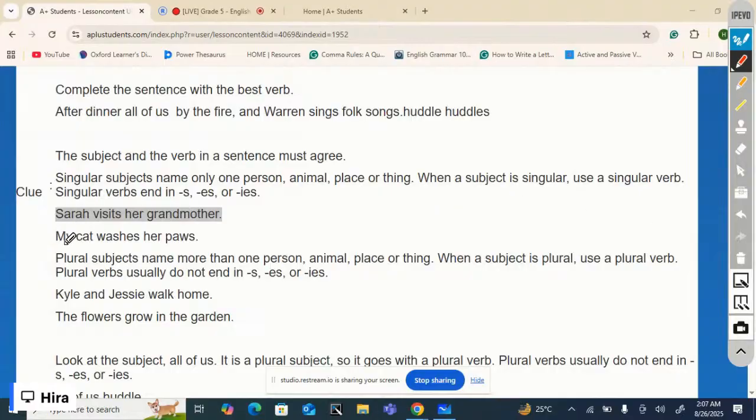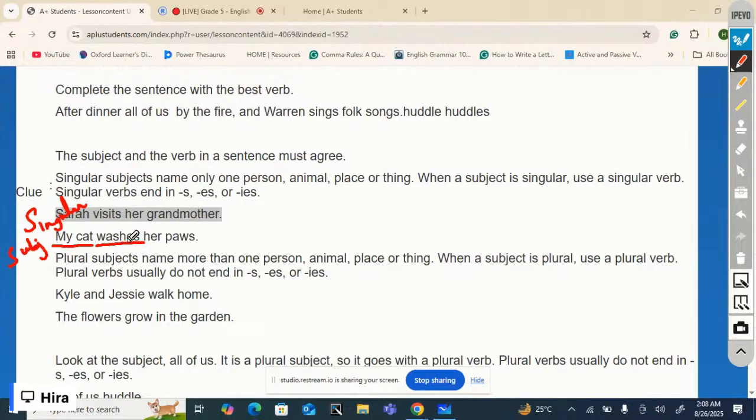Okay, now look at the second one. My cat washes her paws. What is the subject? Who washes her paws? My cat. So my cat is a singular subject. Yes, it is the name of one animal.